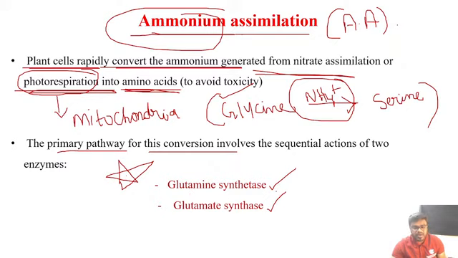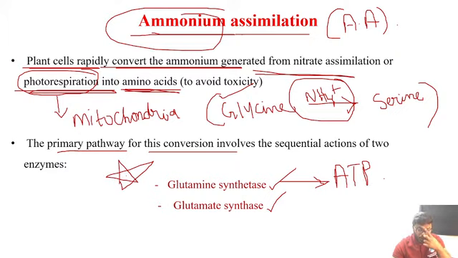Glutamine synthetase. Friends, what is the difference between an enzyme synthetase and an enzyme synthase? Always keep it in your mind, friends. When you read synthetase, keep it in your mind, it always uses ATP. There is no doubt about it.